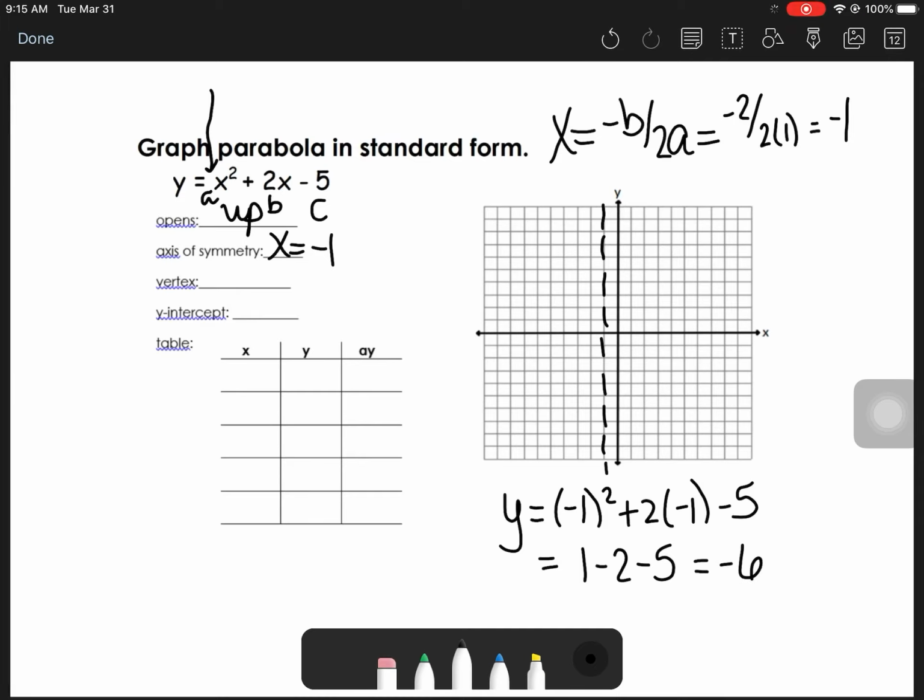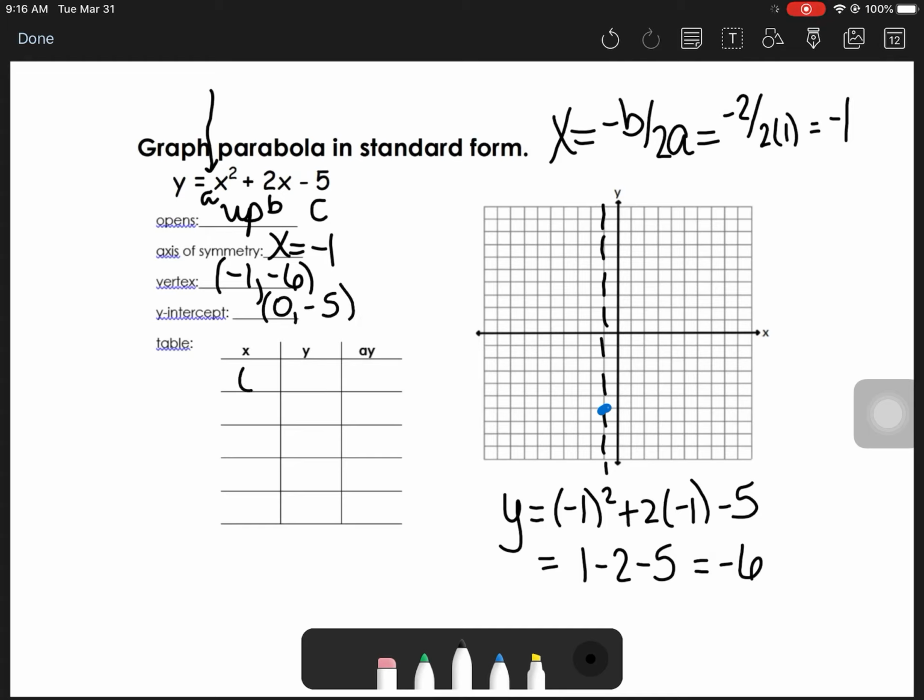So our vertex, since it goes on the axis of symmetry, has the same x value as our axis of symmetry, and the y value after we've substituted it in is negative 6. So we're at negative 1, negative 6. Okay. Then remember that our y-intercept is our c value as long as our equation is in standard form. So our y-intercept is going to be at negative 5.